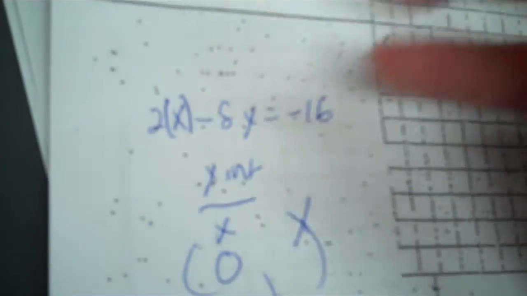So I have 2 times x equals negative 16, so I divide by 2, and that would be negative 8. Now let's calculate the y-intercept. So x is 0 means I can parenthesize 0 and cover the x with a 0. 2 times 0 is 0, gone. So negative 8 times y equals negative 16, so I divide by negative 8, and I get 2.